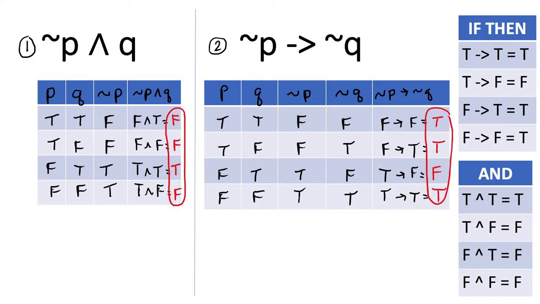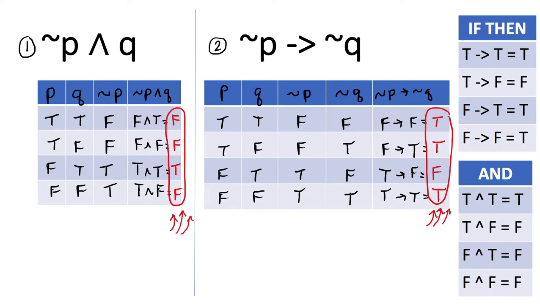So now what we want to do is compare the two red columns between the two statements. And if you notice, they're exactly opposite of each other. This one begins false, false. This one begins true, true. The third value in this one is a true. The third value over here is a false. The last value is a false.